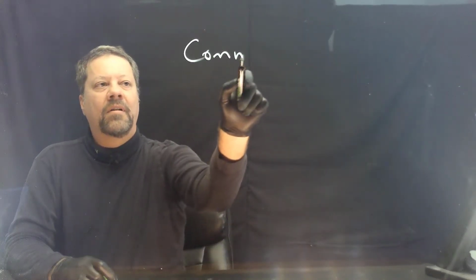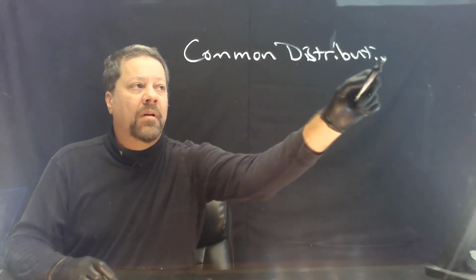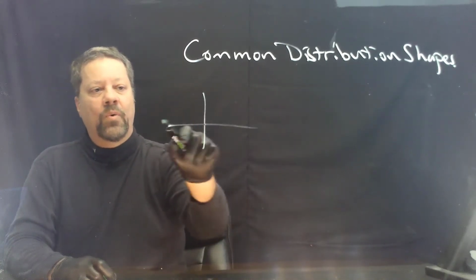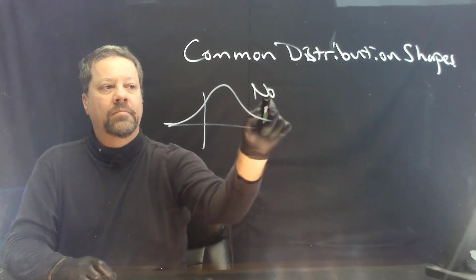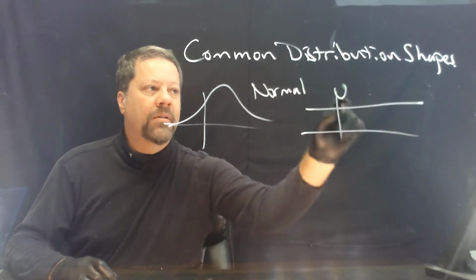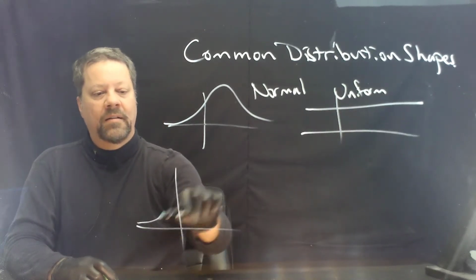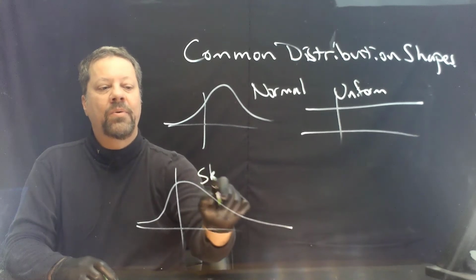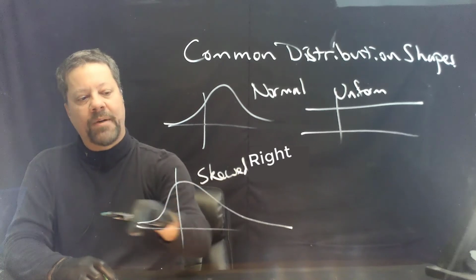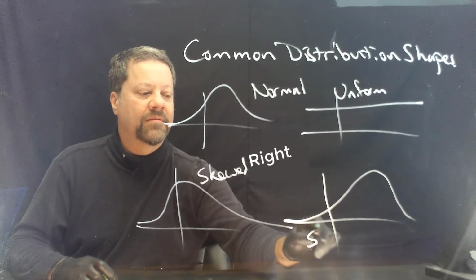For common distribution shapes, we have the normal, uniform, skewed right, kind of heaped up on the left, versus skewed left.